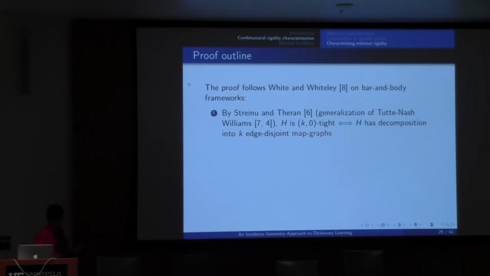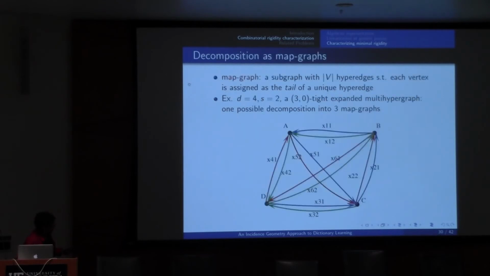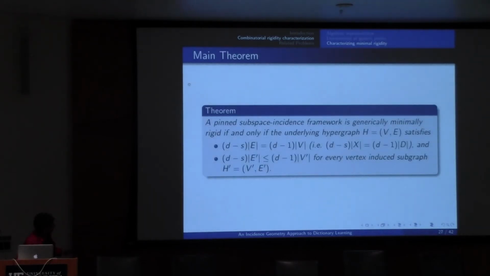This is the combinatorial condition that I had before. Hang on. This combinatorial condition is basically a tightness condition because you have exact equivalence, and it is a sparsity condition because you say that for every sub-hypergraph the number of edges is at most something times the number of vertices. So this is a sparsity condition, this is a tightness condition.